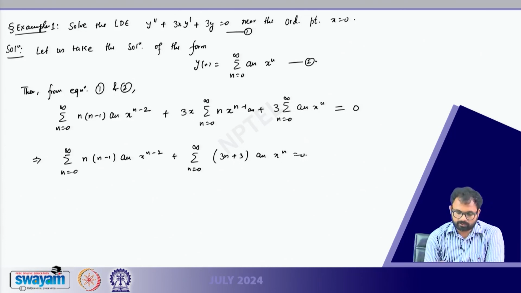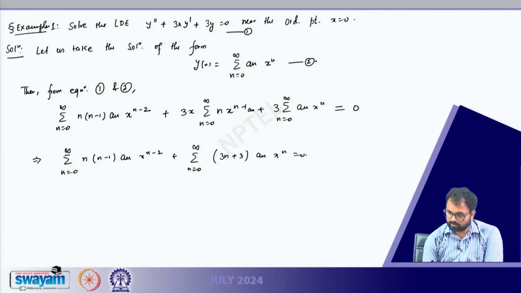So we have d square y by dx square as n(n minus 1) a n x to the power n minus 2, and dy/dx as n a n x to the power n minus 1, and then we have 3y. So basically we are getting 3n plus 3 a n x to the power n, right.